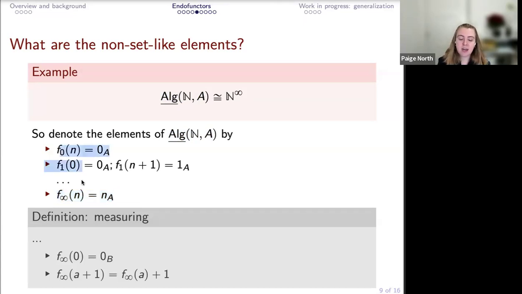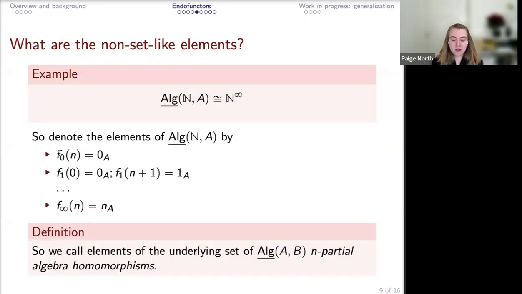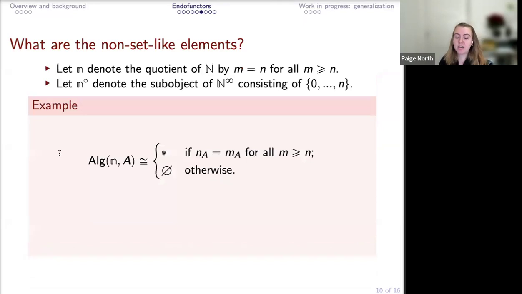And these previous guys are like some inductive building up of that algebra homomorphism that themselves are not algebra homomorphisms, but are part of the way there. So I want to call them partial algebra homomorphisms. Okay, so let's do another calculation. I want to do in the next slide another calculation that's slightly more complicated to give a slightly better grip on what's happening.